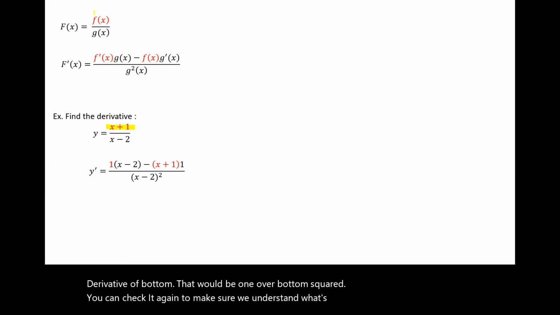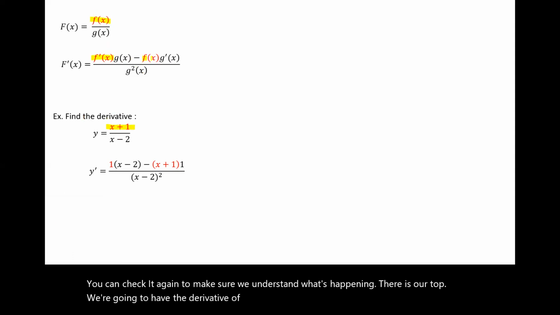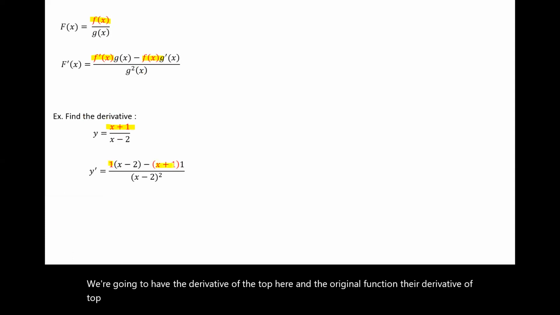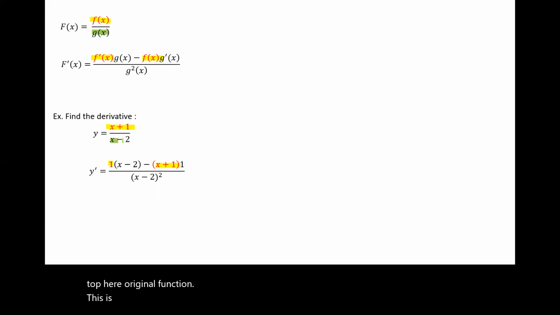There's our top. We have the derivative of the top here and the original function there. This is our bottom function. Bottom function appears here, derivative of bottom function appears there, and bottom function squared. So that's where all your terms came from.